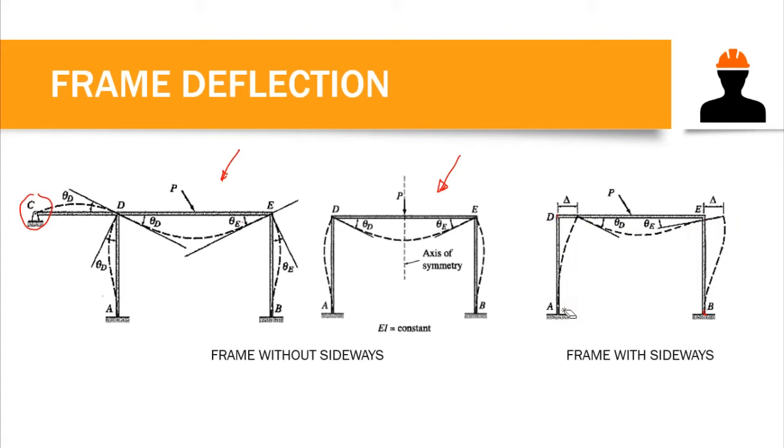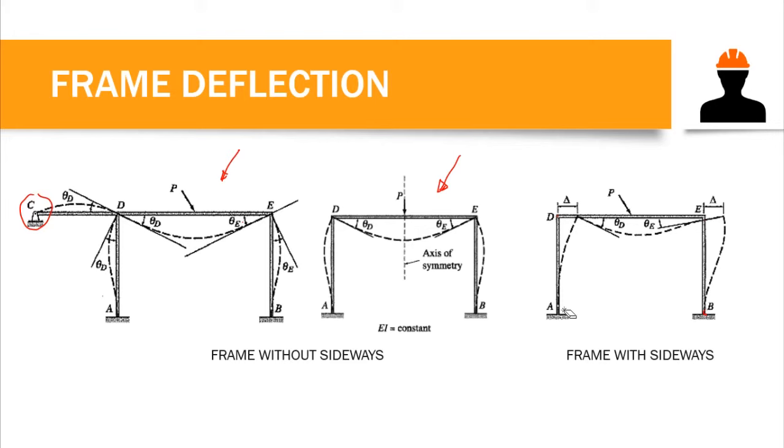So to summarize, sideways will only occur if our frame is asymmetrical, or if there is a horizontal load that acts laterally on the frame system.